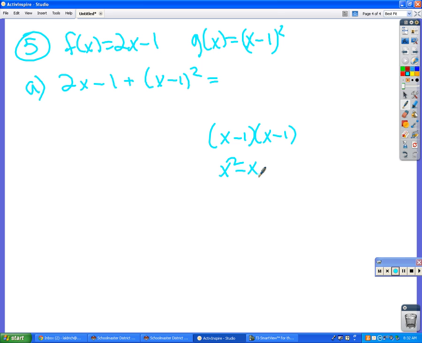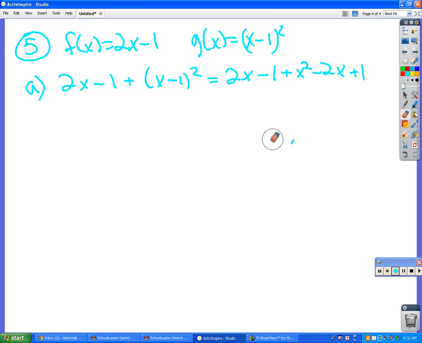Outside is negative x. Inside is negative x. And last times last is 1. So that would be 2x minus 1 plus x squared minus 2x plus 1. And what miracle occurs now? The 2x's cancel, the plus 1's cancel, and so my final answer is just plain old x squared.